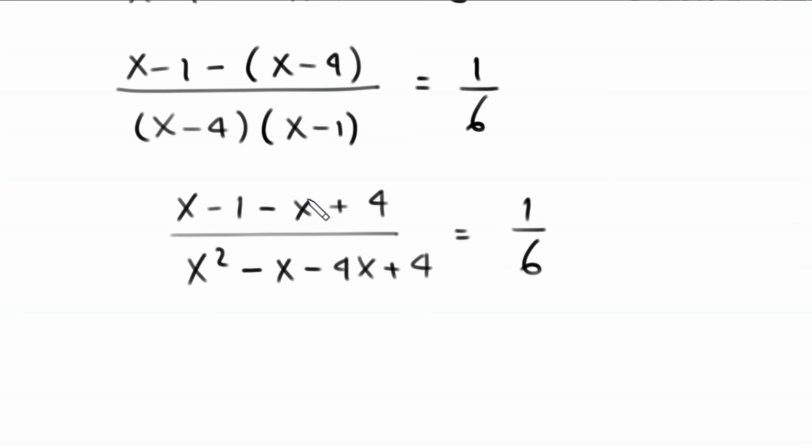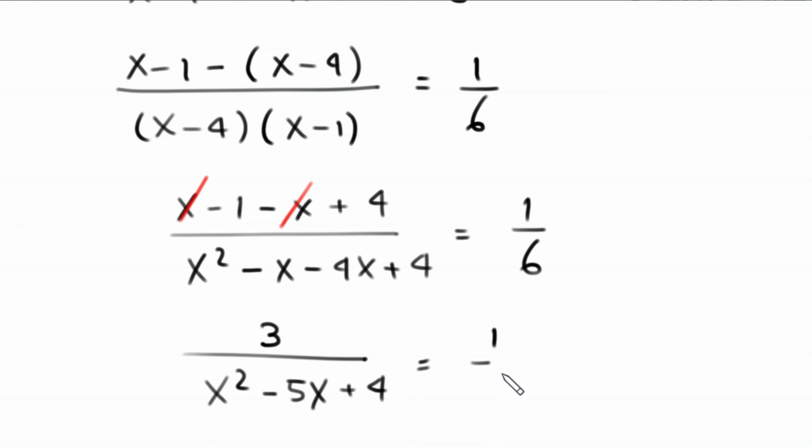This negative x will be cancelled out with this positive x, and 4 minus 1 will become 3 divided by x squared, negative x minus 4x will become negative 5 times x plus 4, equal to 1 over 6.